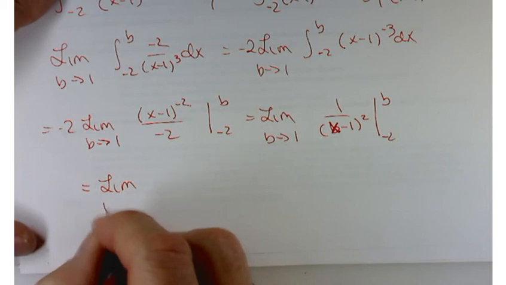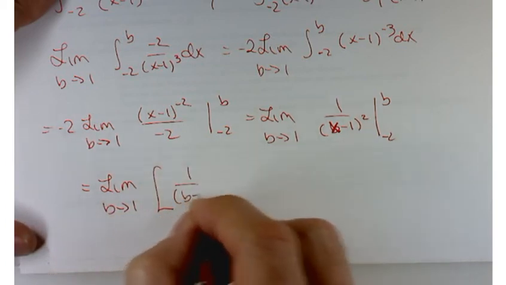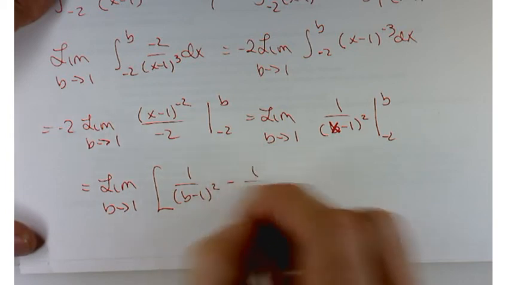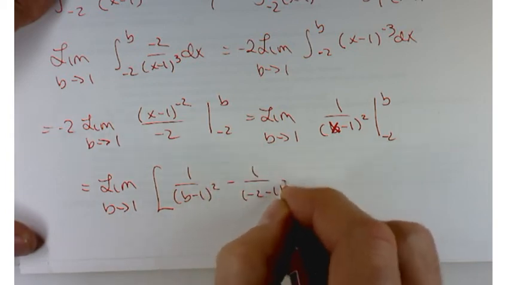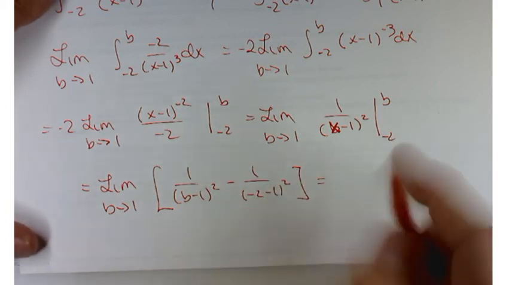Limit as b approaches 1 of 1 over (b minus 1) squared minus 1 over (negative 2 minus 1) squared. Now the second part is just going to be a minus 1/9.